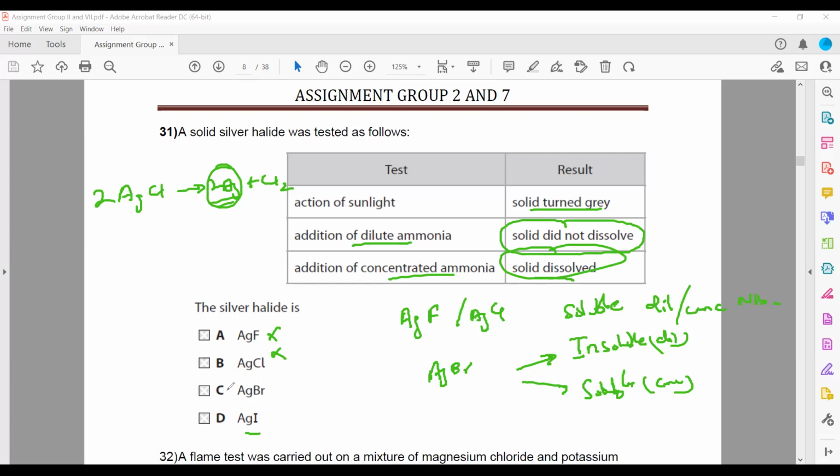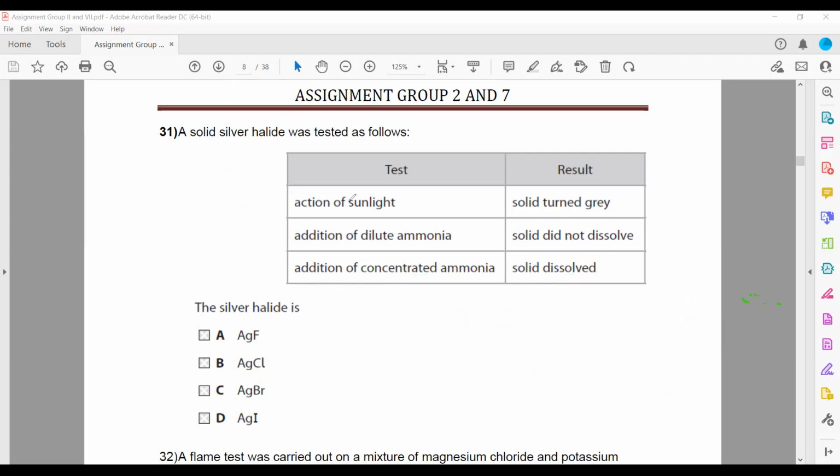So it is actually AgBr, silver bromide, which is insoluble in dilute but soluble in concentrated. Is it clear, this one? So silver halides are there, and you have to learn the observations.